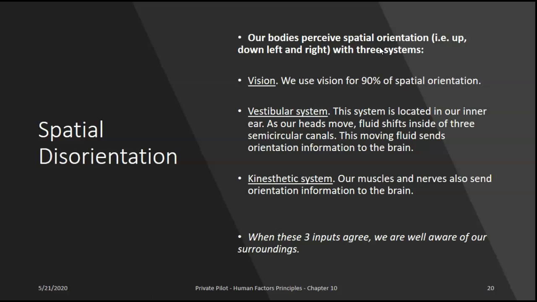The third system is our kinesthetic system, or the nerves in our muscles and our skin. We sense our orientation in space through our muscles and our nerves, and that information is sent to the brain with the other information from the vestibular system and the visual system. When these three inputs agree, we are aware of our spatial orientation.